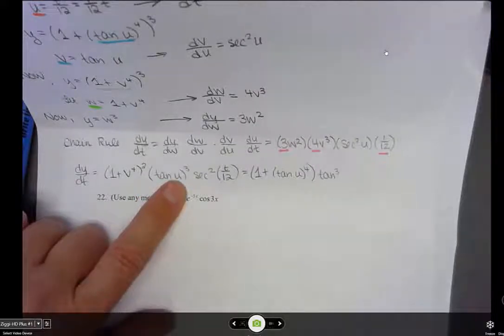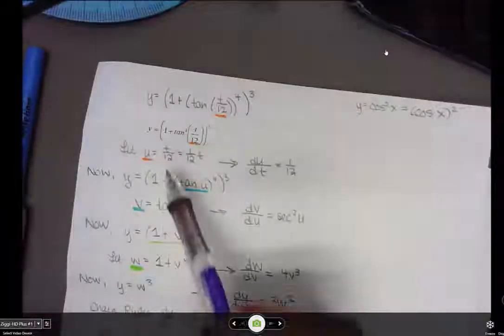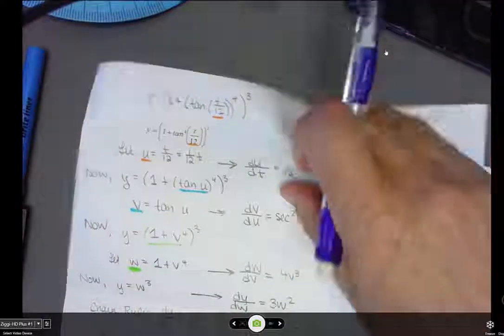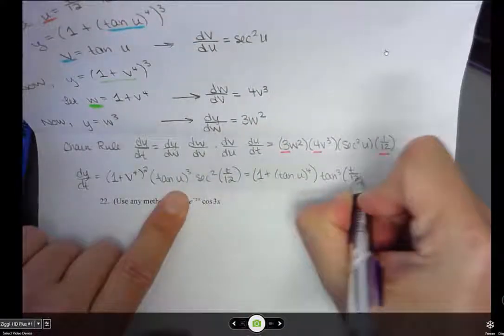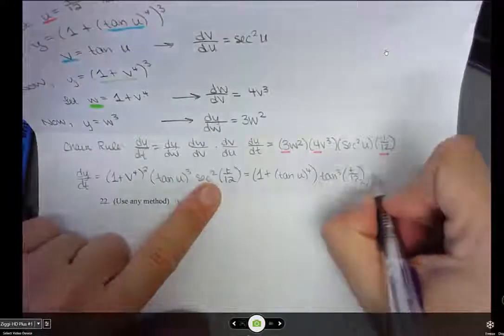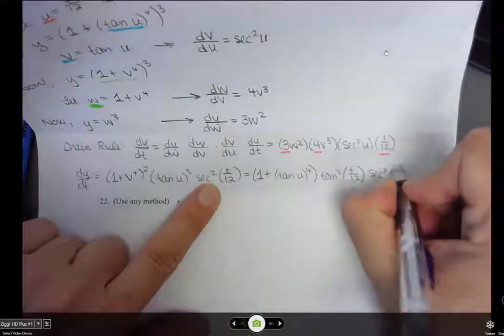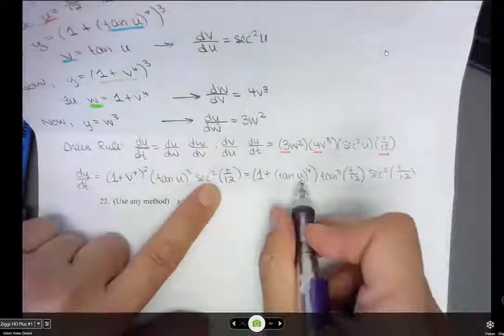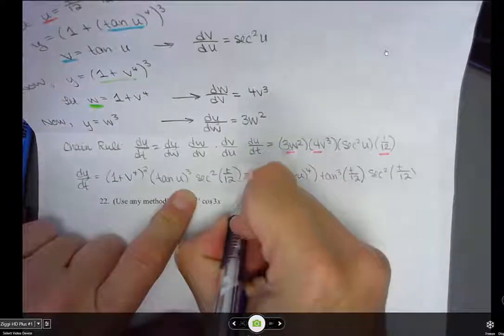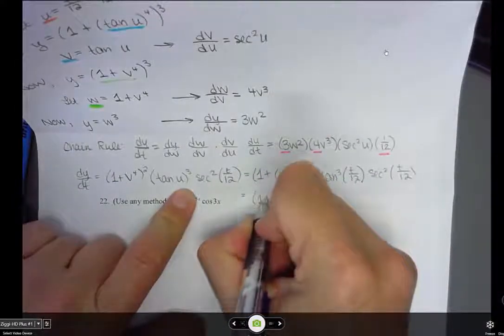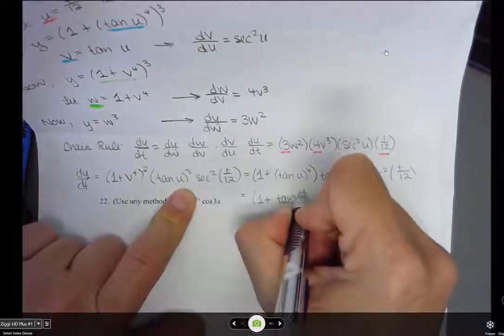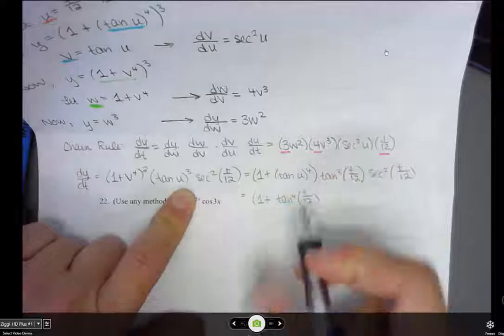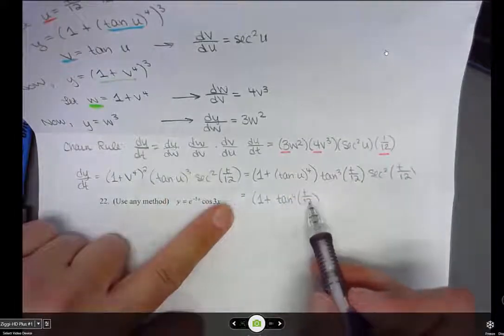U is t over 12. And then secant squared, t over 12. And then the last thing is just to replace this u with t over 12. So I'm just going to call that tan to the 4th, t over 12. But again, you can write it as tan of t over 12 and then the whole thing to the 4th. Either way is fine.